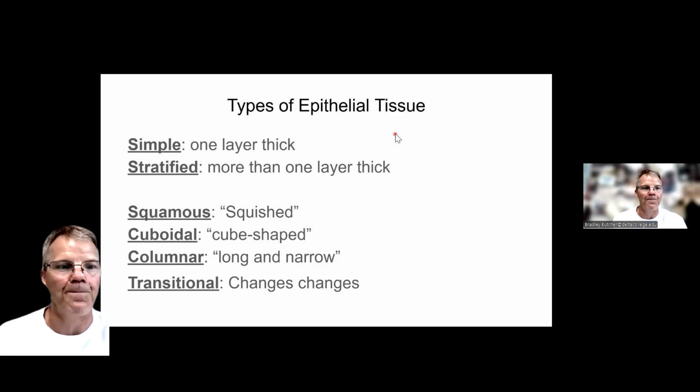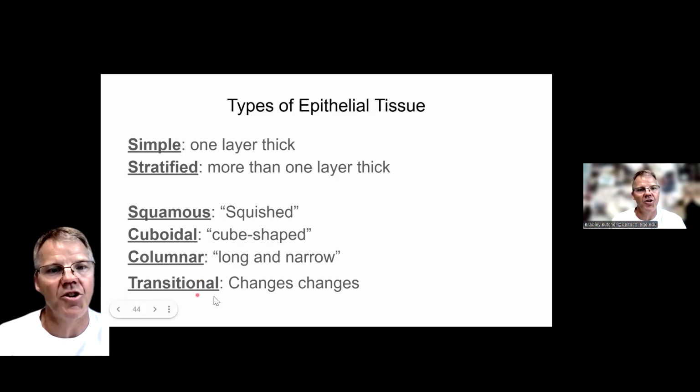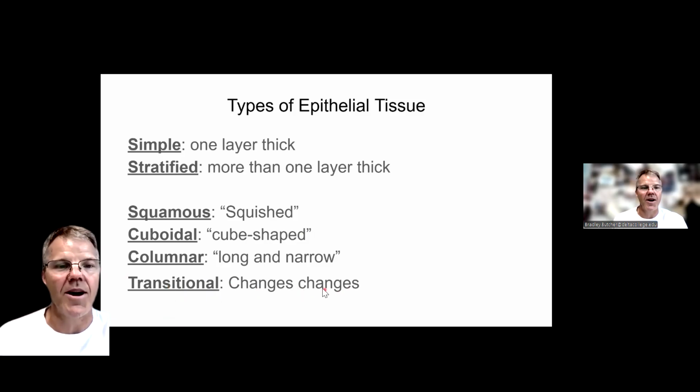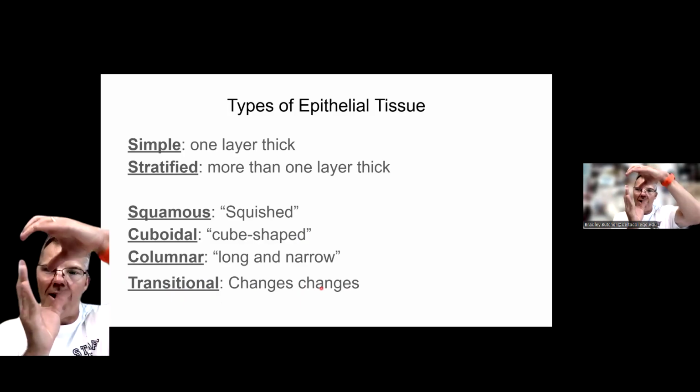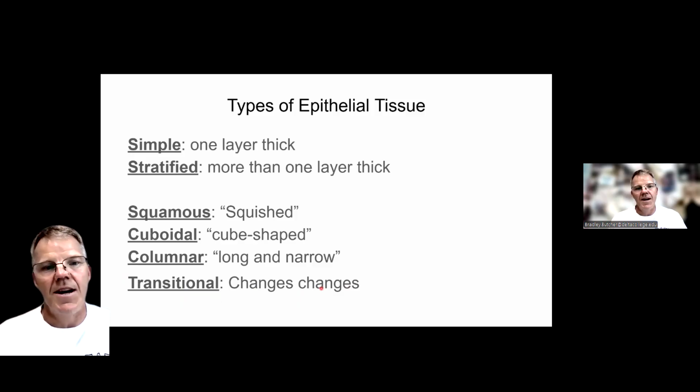One other type of epithelial tissue that doesn't really fit in this is called transitional epithelial tissue. And that changes shape. Okay. Transitional epithelial tissue changes shape. And so it can be squamous at one point, and it could be columnar at another point. When you think about where that might be necessary, the first thing that comes to my mind is the bladder.